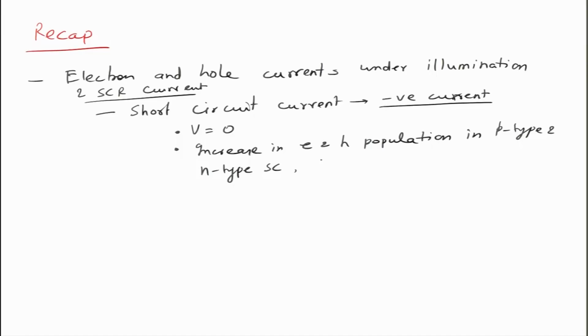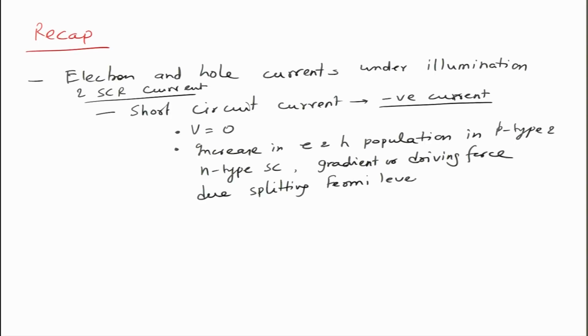What it means is that holes travel from n side to p side and electrons travel from p side to n side, and this happens because you have a gradient or driving force due to splitting of Fermi levels.